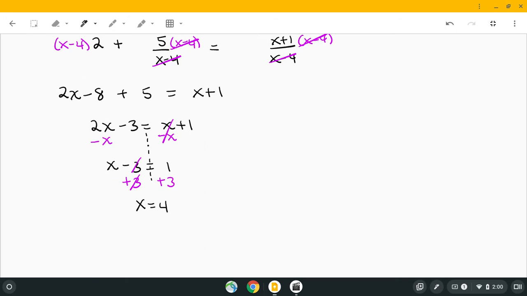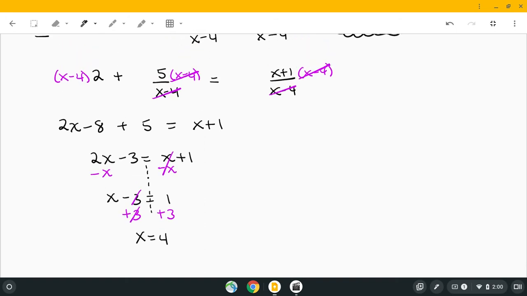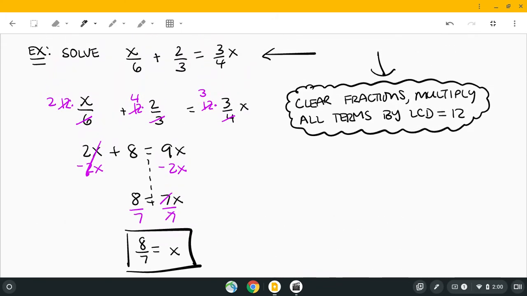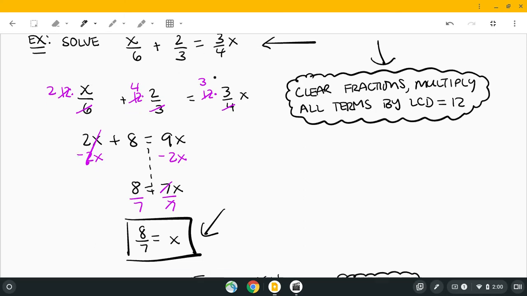This is a perfect example as to why you need to check your answer. We have x equals 4, right? Now, if you look at this previous example, no matter what x value we get here, it doesn't change the denominators. So we don't have to worry about this x value creating a situation where it's undefined, where we have 0 in the denominator.